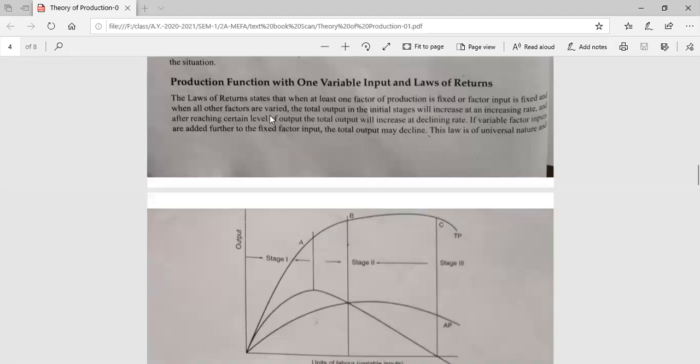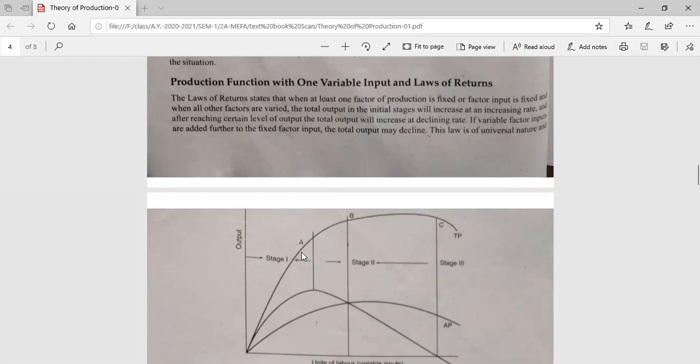So here you can see this production function with a single variable input. Coming to the law of returns for this, what happens is the total output in the initial stages will increase at an increasing rate. At the starting stage, as we are increasing the input, automatically the output is going to increase in the same fashion.